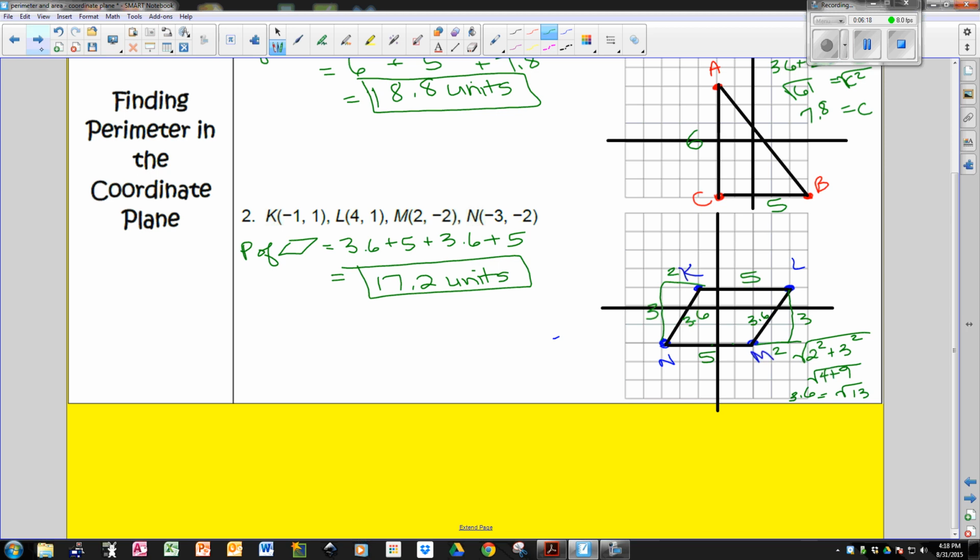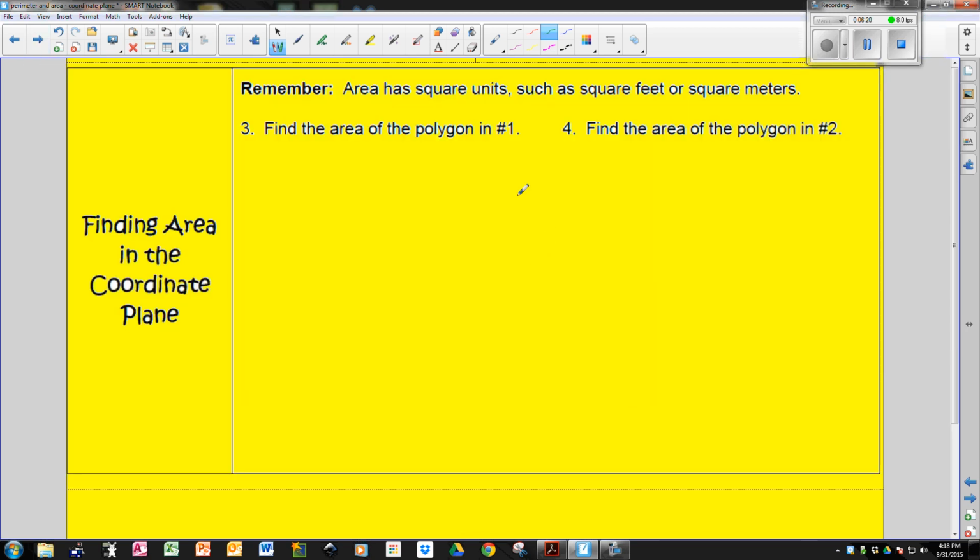All right, now let's talk about finding the area. Remember, area has square units such as feet squared or meters squared. In our case, we're going to be using units, so it's going to be units squared. So it says find the area of polygon number 1. Well, polygon number 1 was a triangle, so the area of a triangle is base times height divided by 2. Now, the cool thing is this is a right triangle.